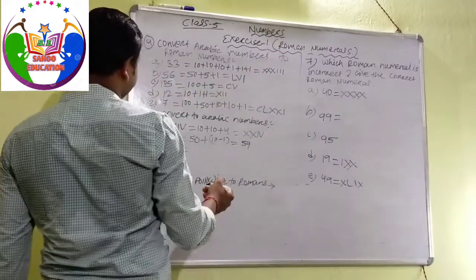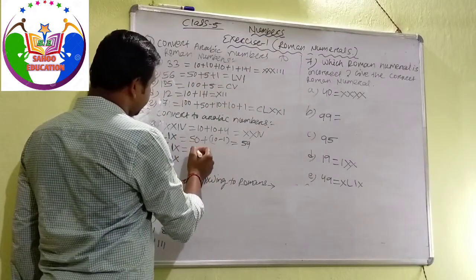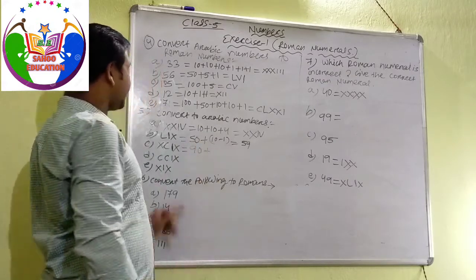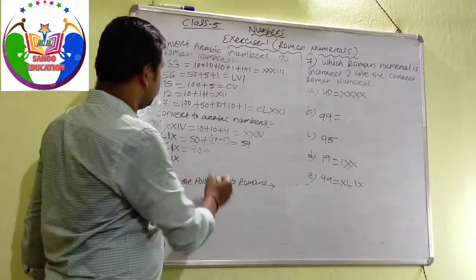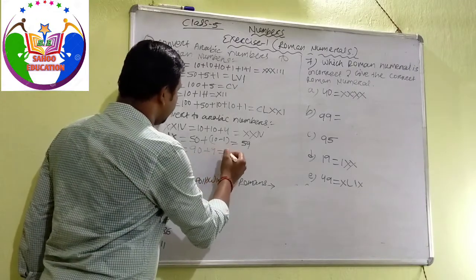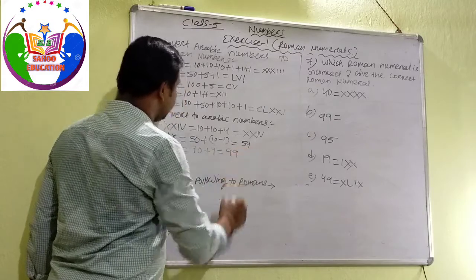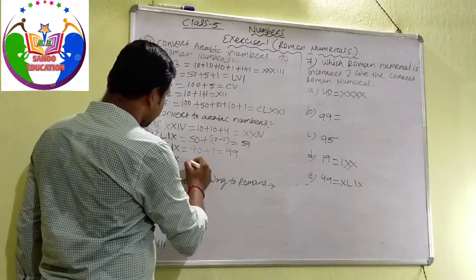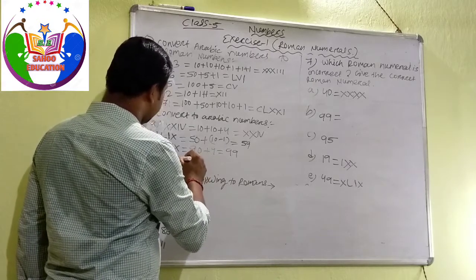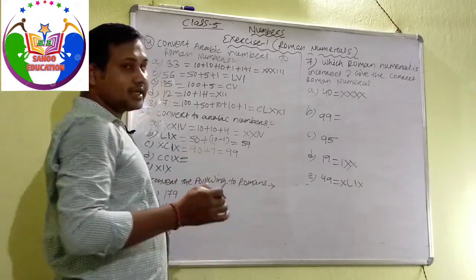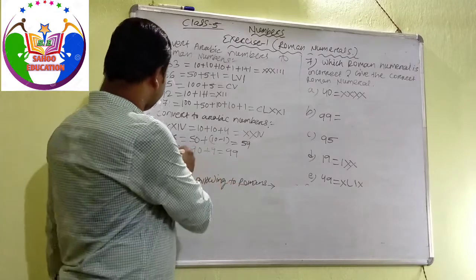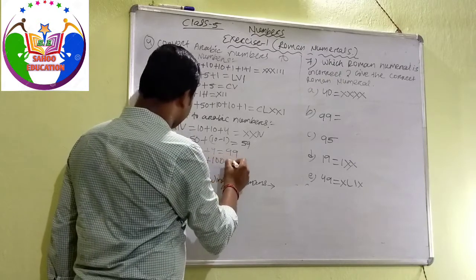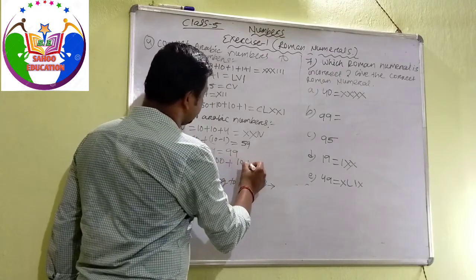Basing on this concept, we will solve question number 5. Here XC stands for 90 and IX stands for 9. We will write 90 plus 9, that is 99. Next, CCIX. C stands for 100, C is 2 times, so it's 100 plus 100 plus IX, that is 10 minus 1.